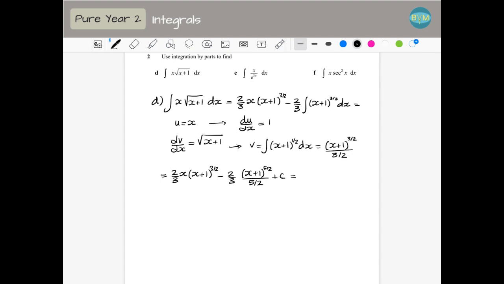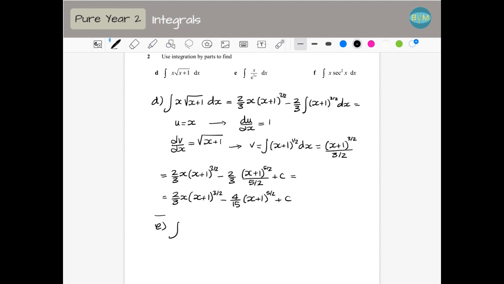I can simplify a tiny bit. So I have 2/3 of x times (x plus 1) to the 3/2, minus 2/3 times 2/5, which is 4/15. So I divide by the fraction, so 4/15 (x plus 1) to the 5/2, plus c. Yeah, that's it.